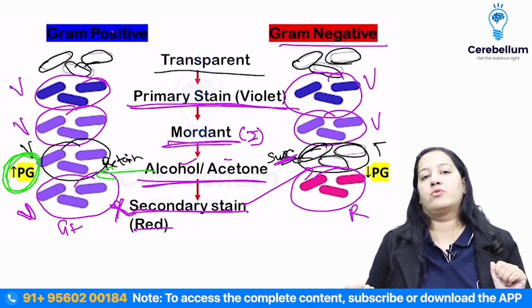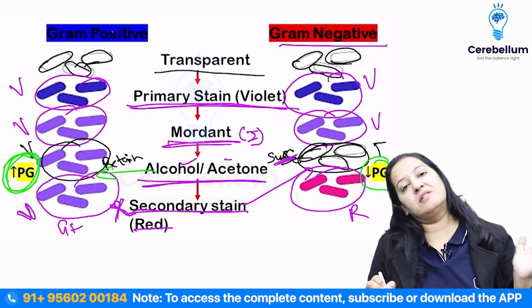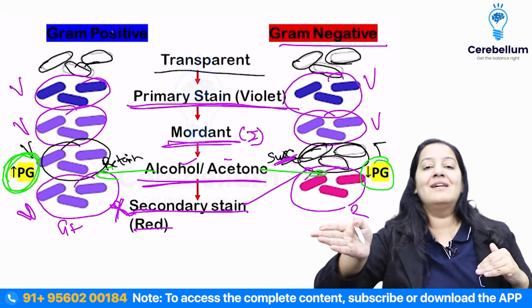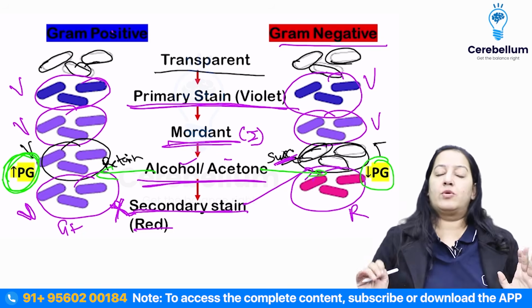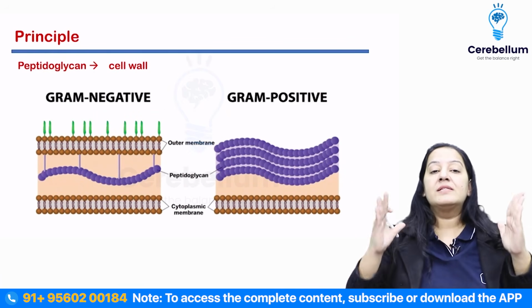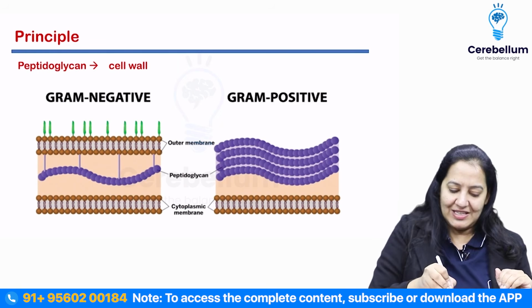But there are some bacteria in which the cell wall is there, but peptidoglycan content is less. So the decolorizer can easily penetrate inside the bacteria and take the primary stain out. That makes the difference. So basically here the difference is due to the cell wall composition. See the composition of the cell wall.